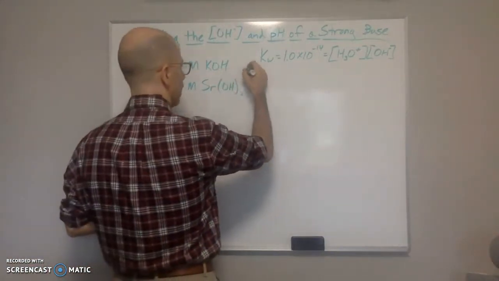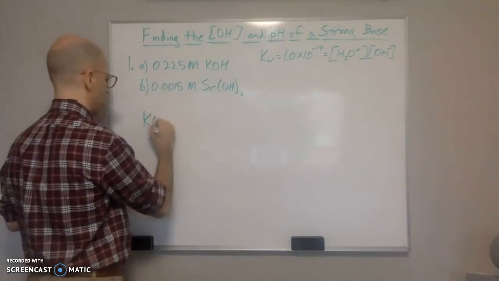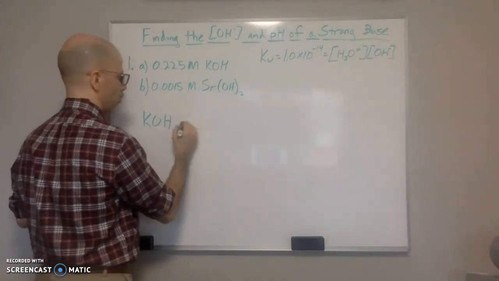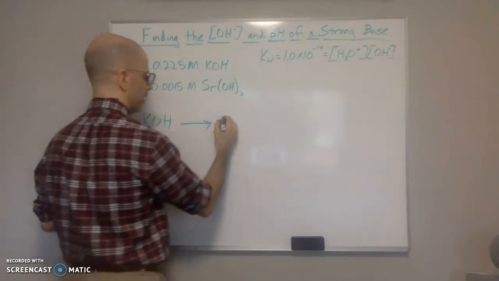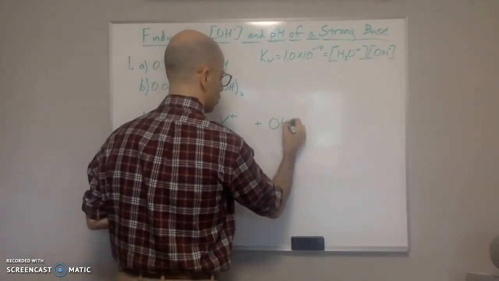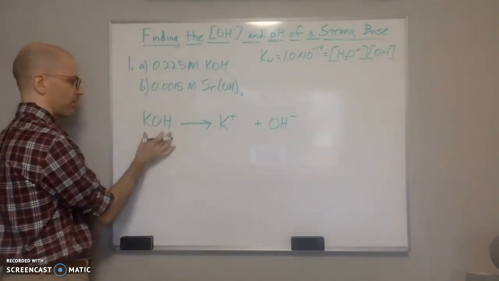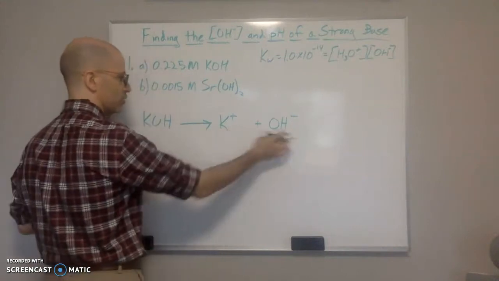So you've got KOH, if I draw it down here, KOH is going to dissociate completely into K plus and OH minus. So for every one of these that breaks apart, you get one of each of these.